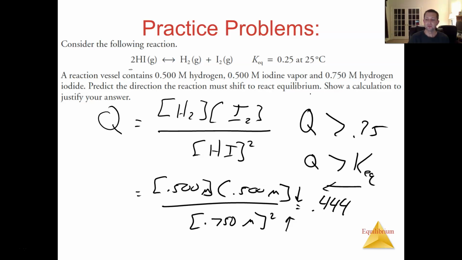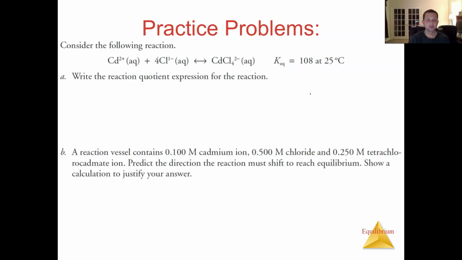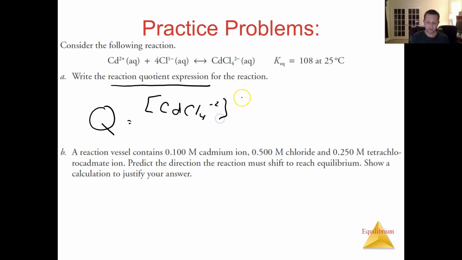Okay, last one here. You guys can give this one a try, and then we can check our work on it once you wrap it up. So for this one, write the reaction quotient expression. It says specifically reaction quotient, so that is Q. So it's products, CdCl4 2-.